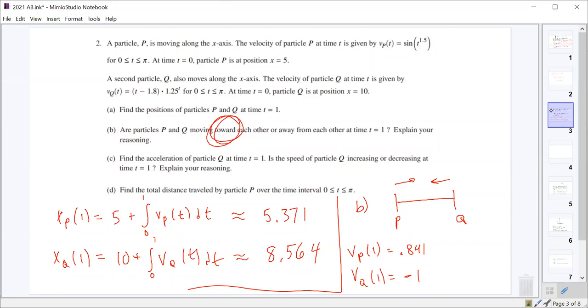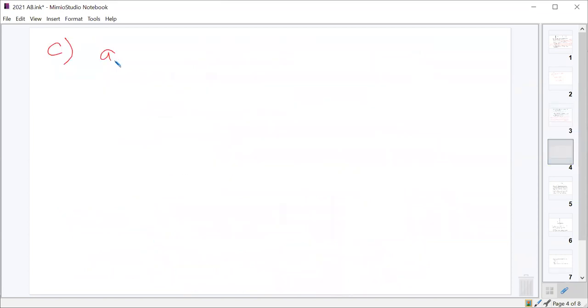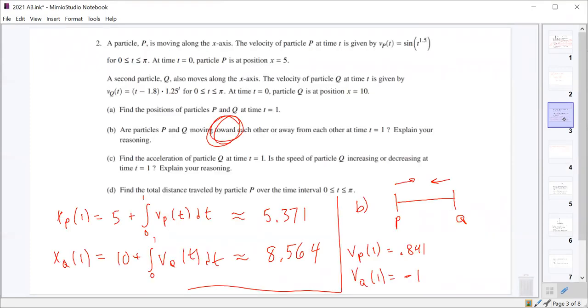Part C. Find the acceleration of Q at t equals 1. Now the acceleration of Q at 1 ought to be v prime of Q at 1. And you have a calculator, so your calculator told you what that value was. It was what, 0.027? 1.027? Wonderful. And we wanted to know, is the speed of Q increasing or decreasing at t equals 1?